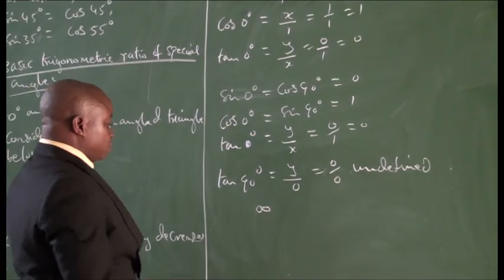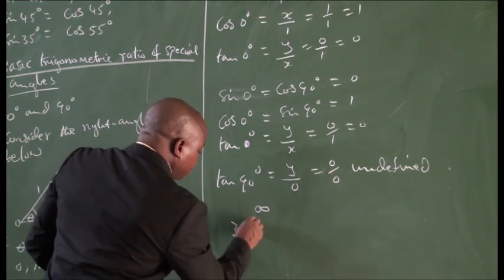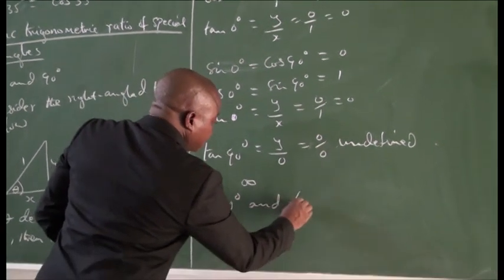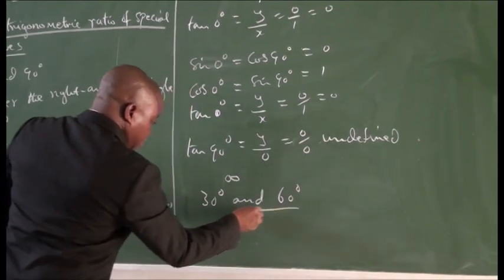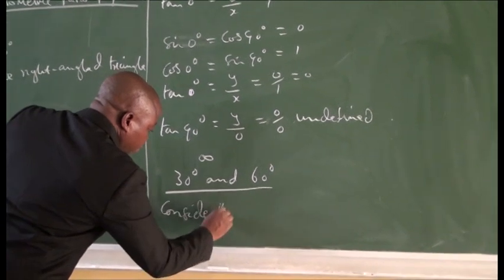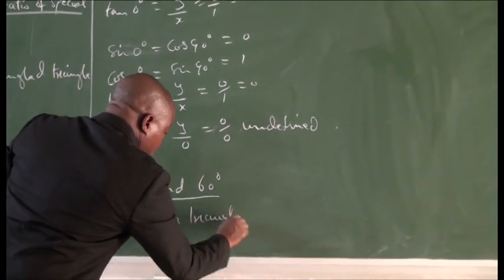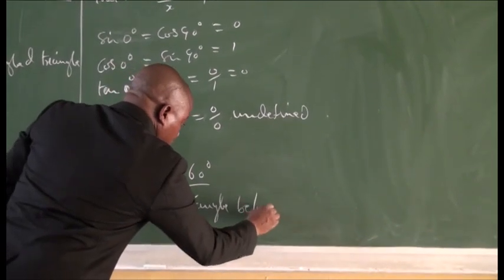Now, the next one, we'll look at 30 degrees and 60 degrees. And we are going to consider the triangle below.